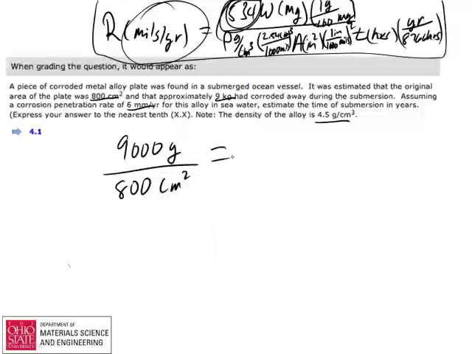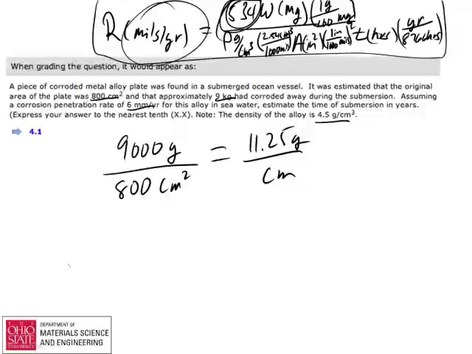I have to pull my calculator out. 9,000 divided by 800, I lose 11.25 grams per square centimeter is what's lost.